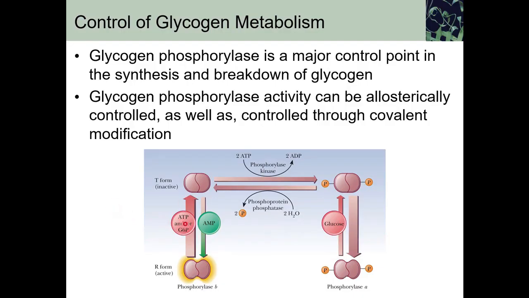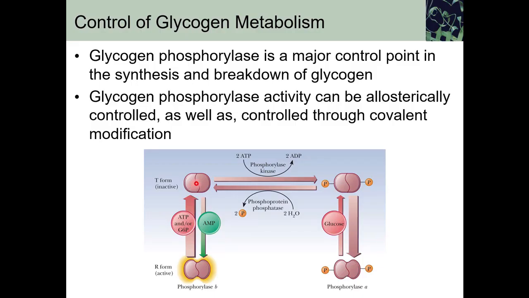Did you notice the size of the arrows here? This is a wider arrow, and this is a slimmer arrow. The width of the arrow indicates which form is actually favored. For example, in phosphorylase B, notice that the arrow pointing in the direction of the T form is wider.